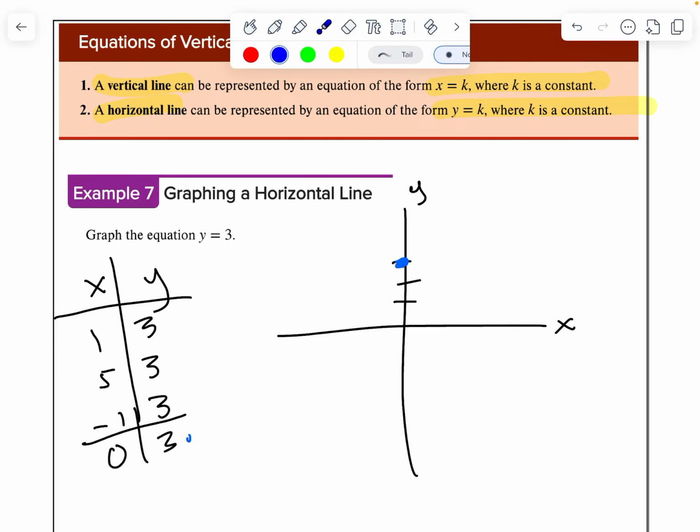This is going to be a horizontal line. It's going to go directly left to right across. That's going to be my line. Notice that does go through the point 1, 3, and the point 5, 3, and the point negative 1, 3, right? All those points are on that line. y equals 3 all the way across that line.